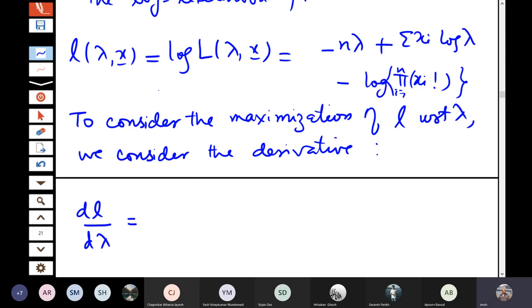Here the x's are fixed because that is the sample, so we have to maximize with respect to the parameter value. So that is minus n plus sigma xi by lambda.